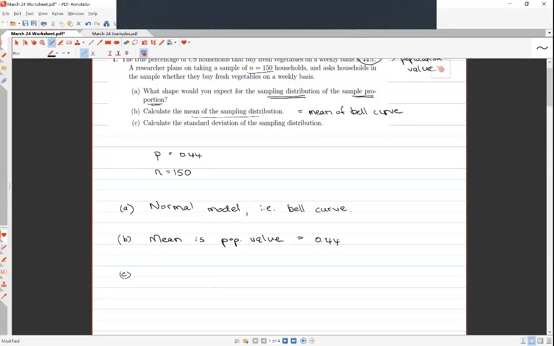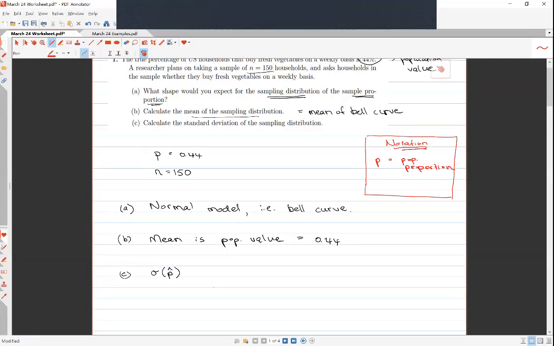Now, we had a formula for this in the notes, sigma of p hat. And remember, p hat is just the notation that we use for the quantity calculated in our sample. In fact, I'll put in a little box here just for notation. So notationally, P on its own is the population proportion.